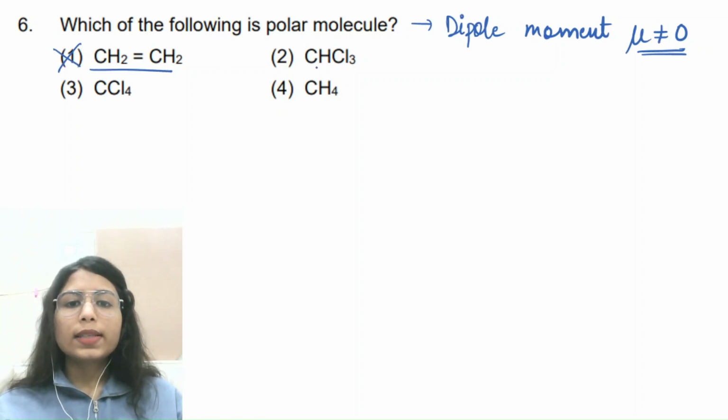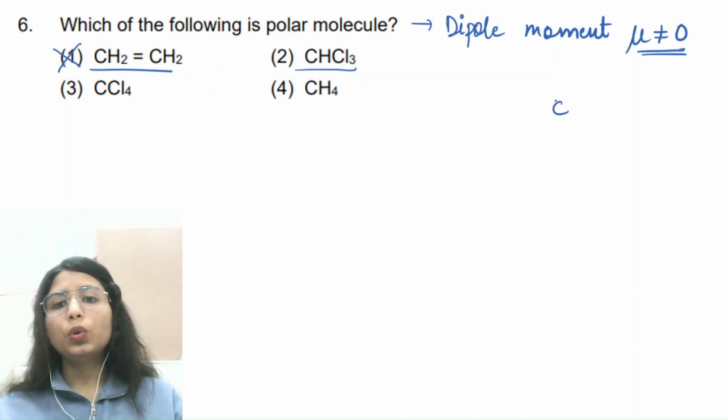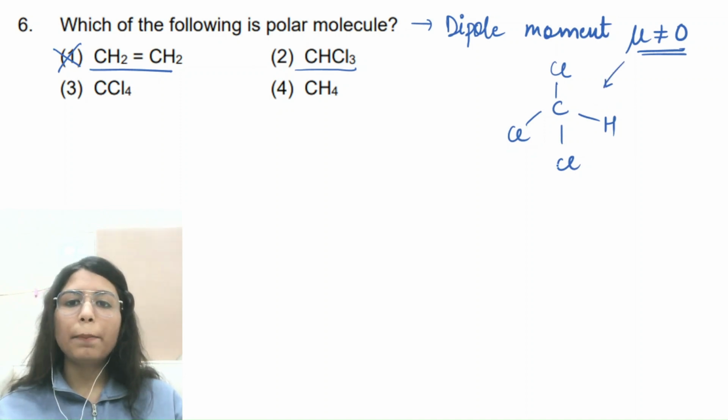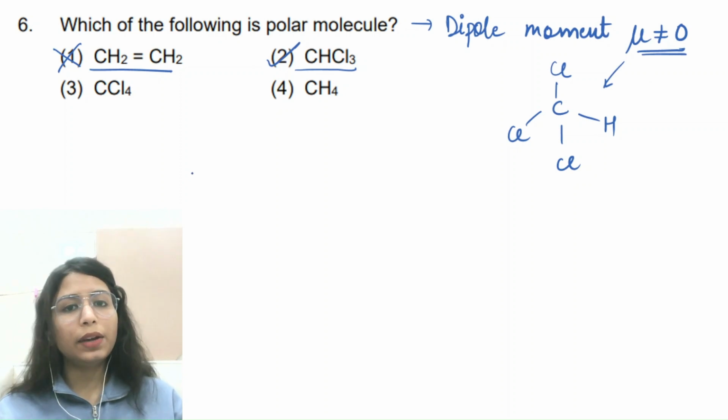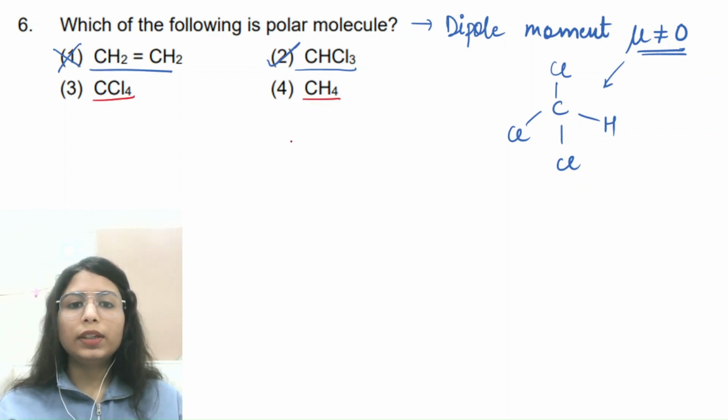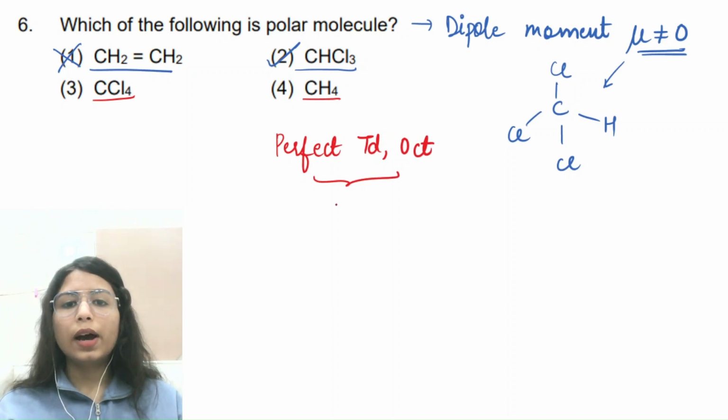If I talk about the second option, CHCl3, you know the structure: it has a tetrahedral geometry, right, and it has a net dipole moment. So for this compound mu is not equal to 0, and hence my correct option would be my second one. Even if you don't know this, you must have studied that perfect tetrahedral and perfect octahedral compounds are non-polar in nature.